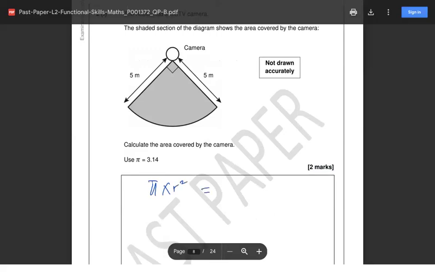So that gives you 3.14 times 5 squared, which is 78.5. Then 78.5 divided by 4 gives you 19.6 meters squared. That's it.